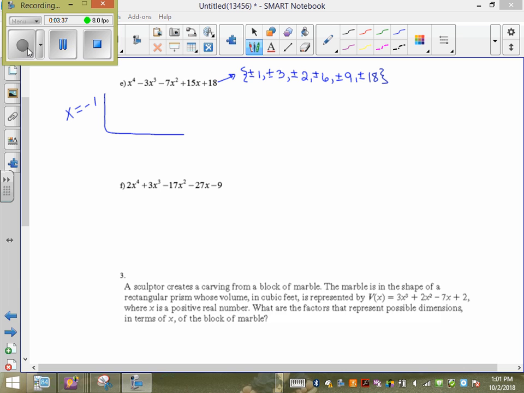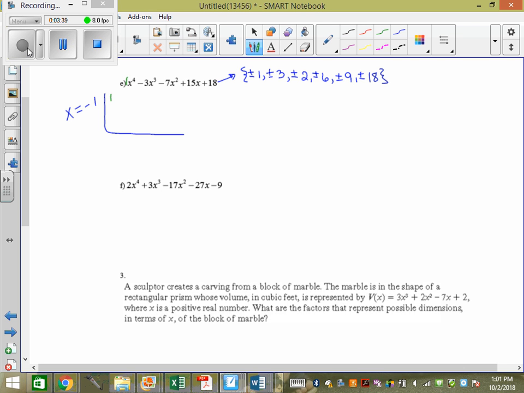Okay. So we put in our coefficients. We have 1, negative 3, negative 7, 15, 18. I did not draw my line long enough. And it's the exact same as yesterday. Drop down the number, multiply, add, multiply, add, multiply, add, till we're done. And we hope we get a 0 at the end.